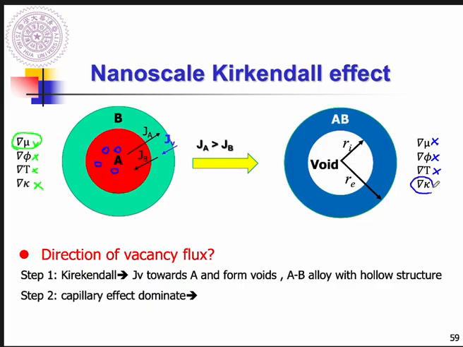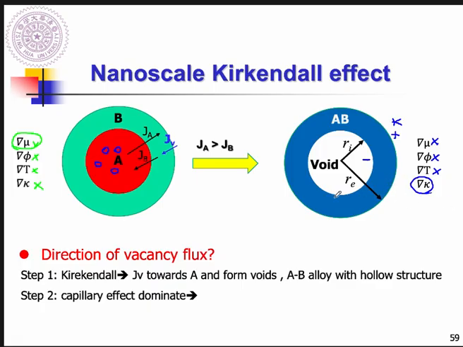But we do have a curvature gradient, because for the convex region, the kappa is positive, but for the concave region, the kappa is negative. So we do have a kappa gradient existing on our materials.